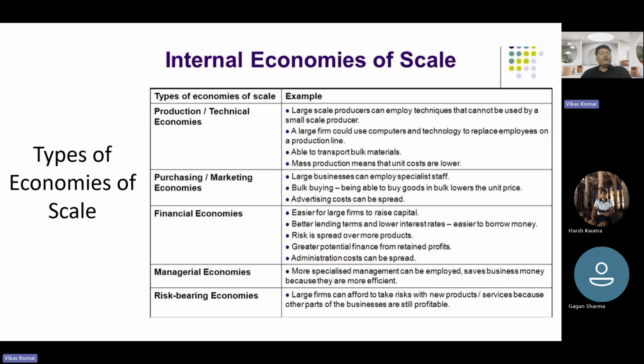So if we discuss the internal economies of scale, as we have discussed, there are two types of economies of scale: internal and external. When we are discussing the internal economies, these can be production or technical economies, purchasing or marketing economies, financial economies, managerial economies, and risk bearing economies.